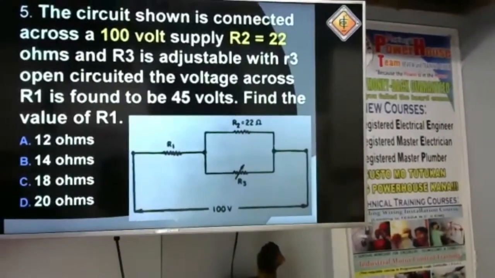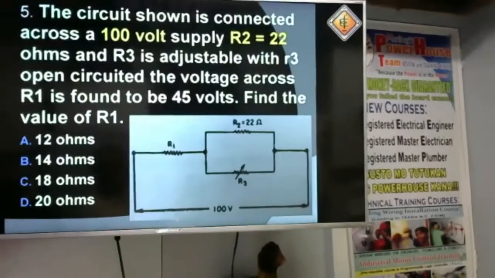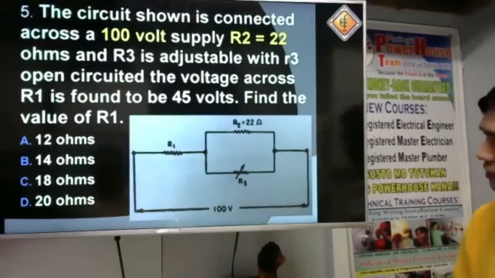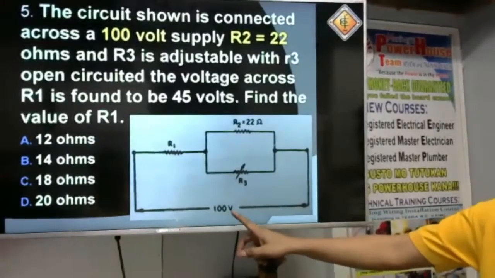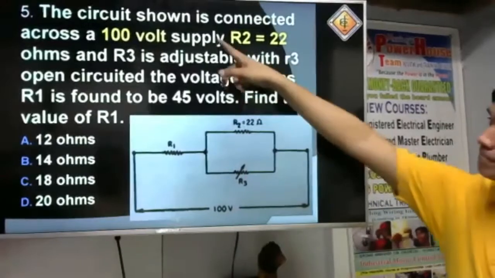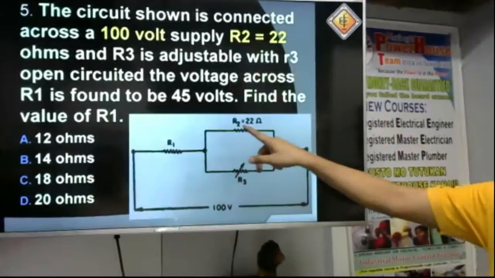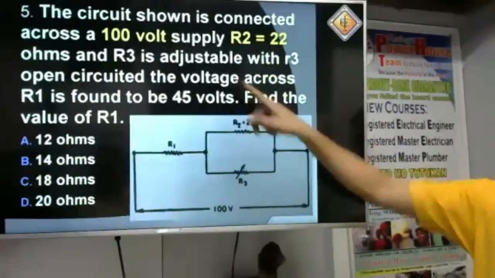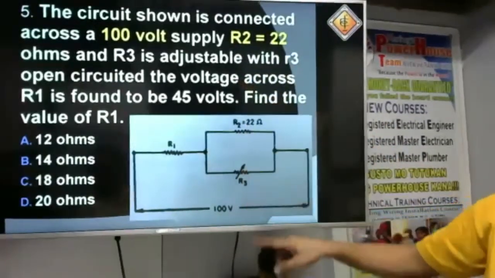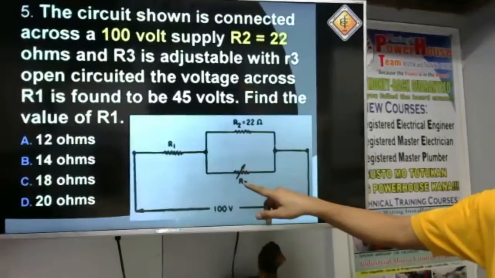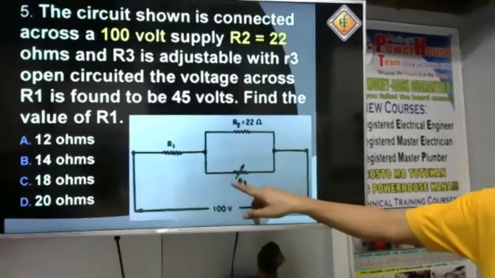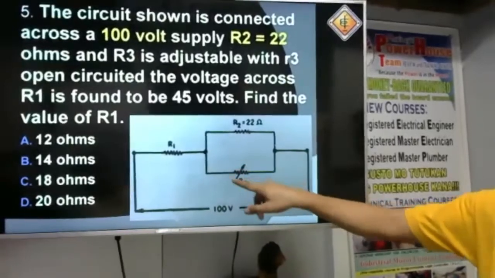Okay, we already have a circuit for number 5. Take a look. The circuit shown is connected across the 100-volt supply. R2 is 22 ohms. And R3 is adjustable. Let's say a potentiometer.